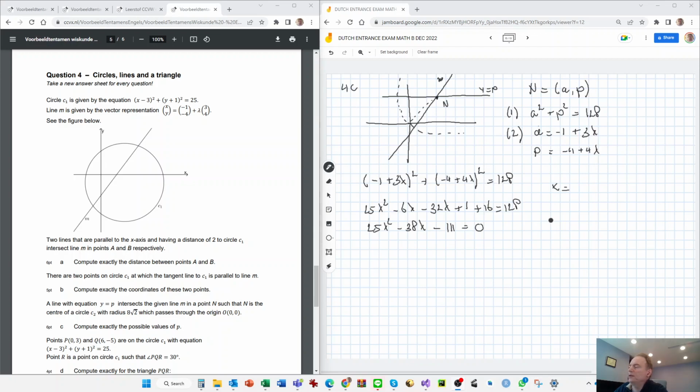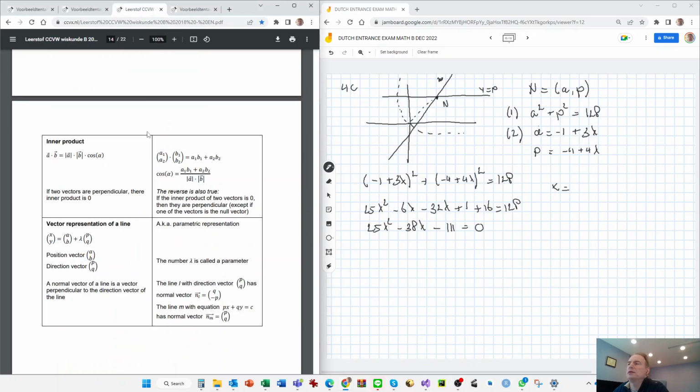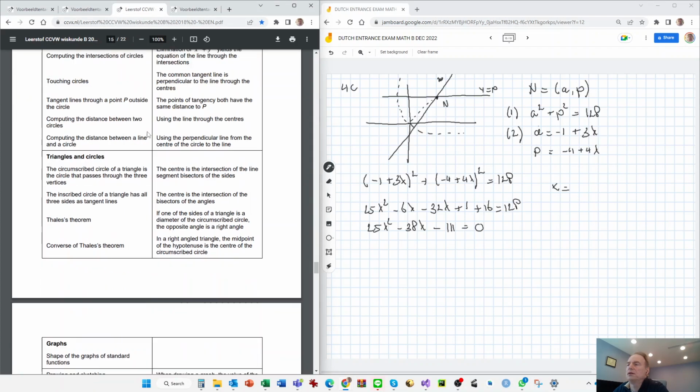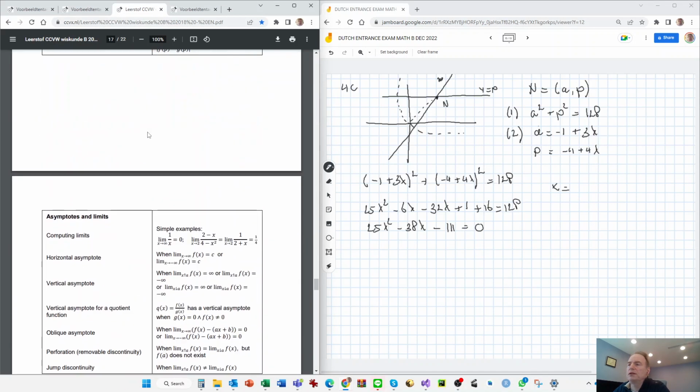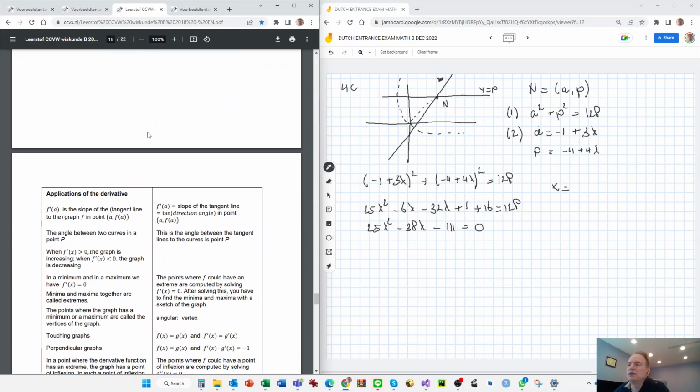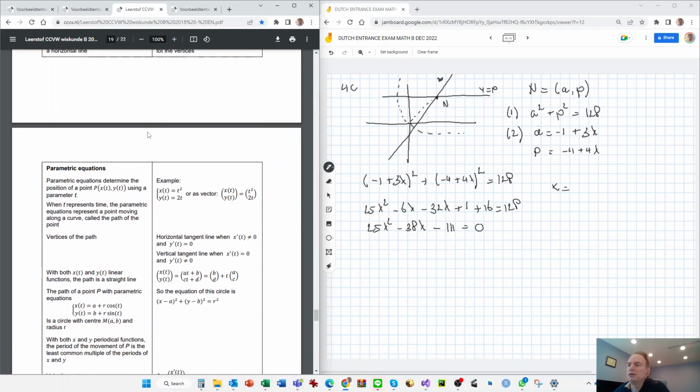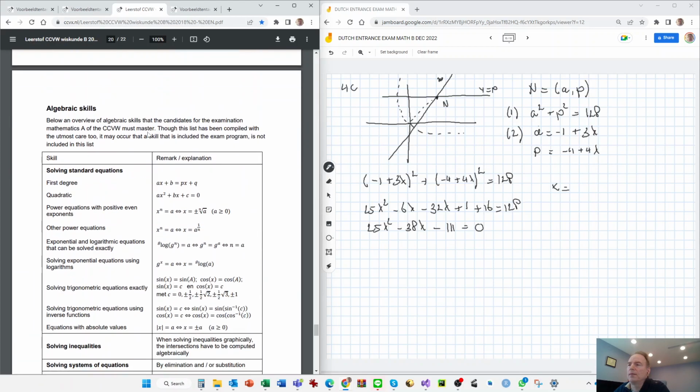Okay, I think we just need to use this equation to solve quadratic equations. I think it's listed somewhere as required knowledge. Let me check. Solving equations, quadratic.